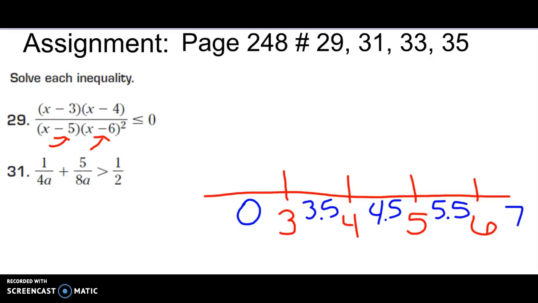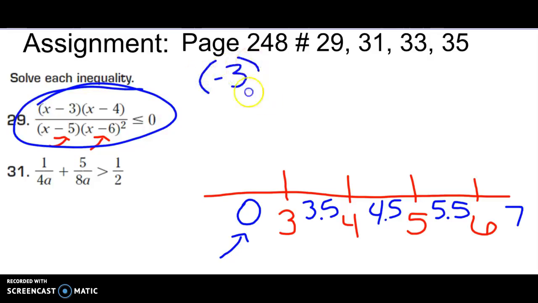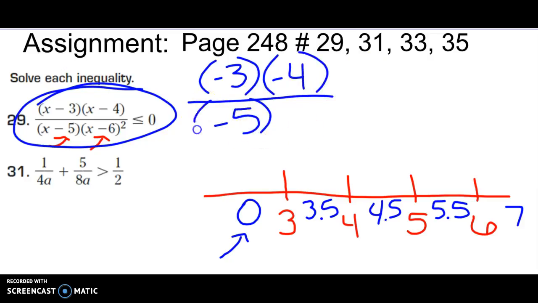Now really, all you need to do is know the sign. You're going to plug these numbers in for x. So I'm going to take this equation and I'm going to plug a 0 in for x. So I'm going to get negative 3, because 0 minus 3 is negative 3. Negative 4, because 0 minus 4 is negative 4. Negative 5.